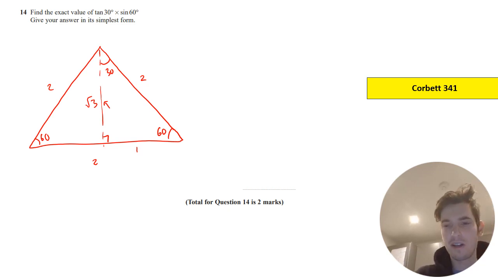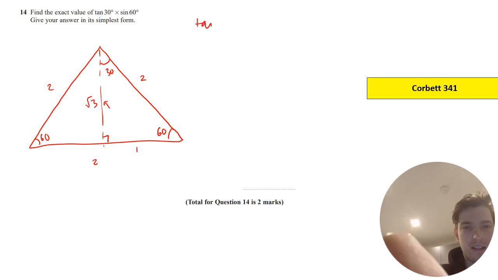And actually, I can find all my values of tan, cos, and sine 30 and tan, cos, and sine 60. Let's do tan 30 first. So tan 30 is my opposite. Opposite to 30 is 1 over my adjacent.